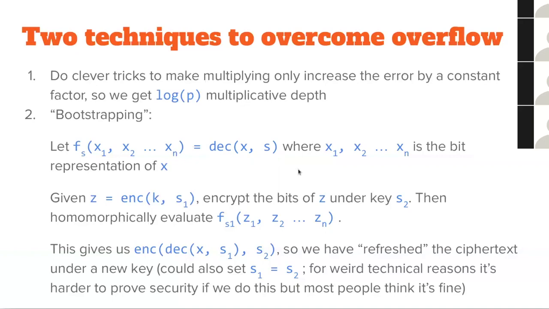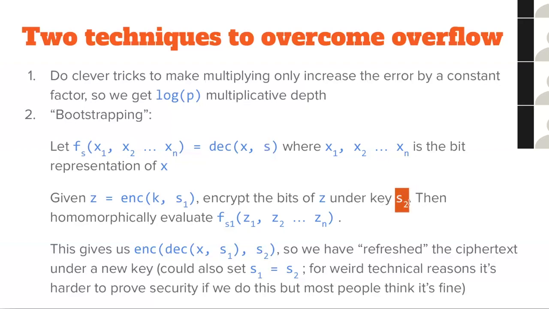The thing I'm having trouble with is that I don't want the one evaluating the circuit to actually see those bits, right? Correct. The reason why the person evaluating the circuit cannot see those bits is because that person does not have S. Computing the decryption requires you to have S. Now, in your bootstrapping key, you're not going to give them S. You're going to give them an encryption of the bits of S under S2.